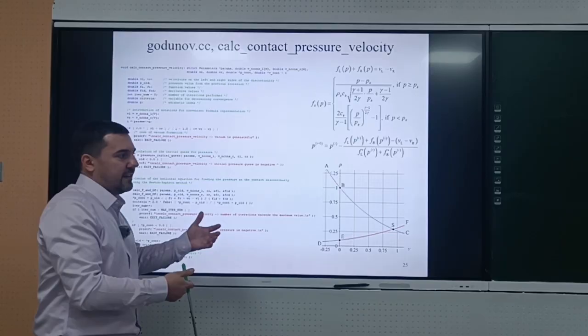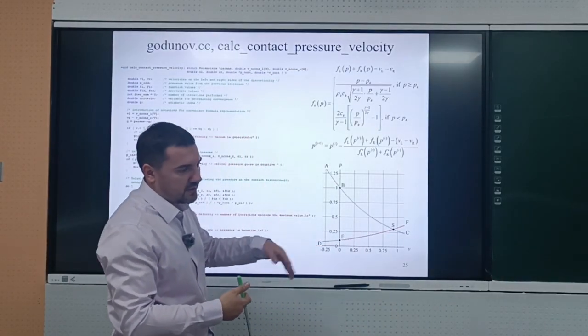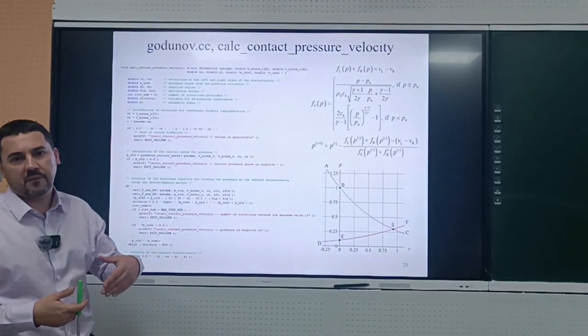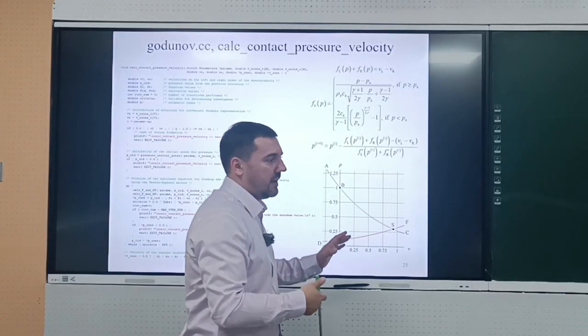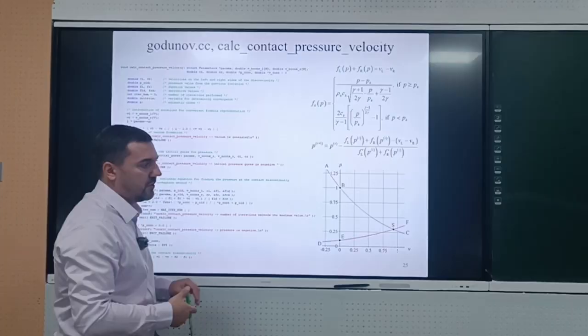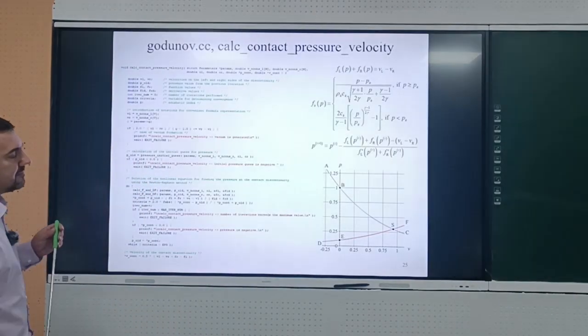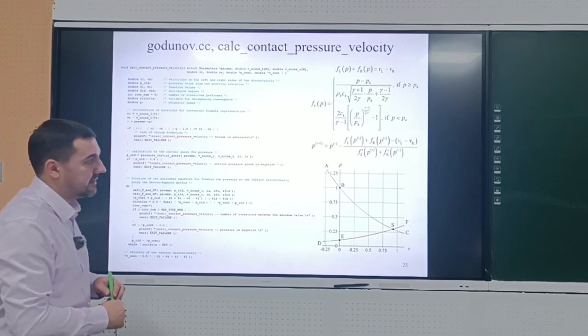If you choose a relevant initial condition, the iterations will converge very fast. You need just 2 or maybe 3 iterations to get a very good approximation for your parameters at the contact surface, PC and VC.